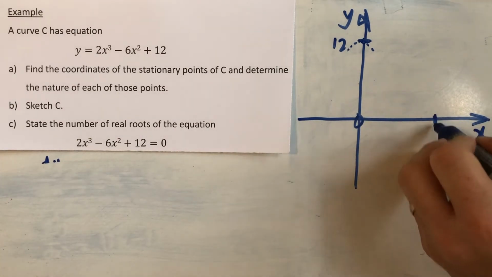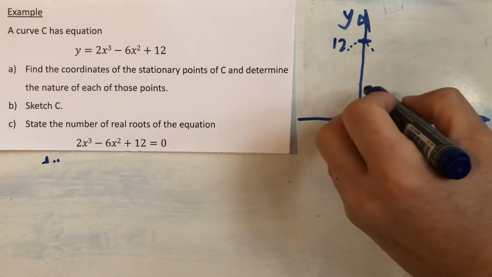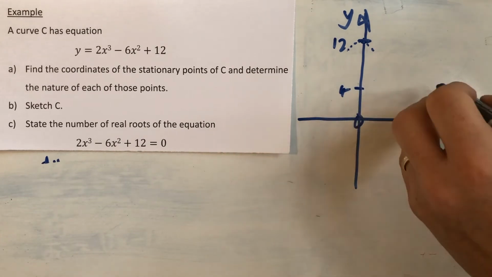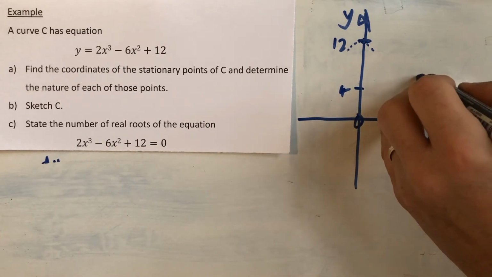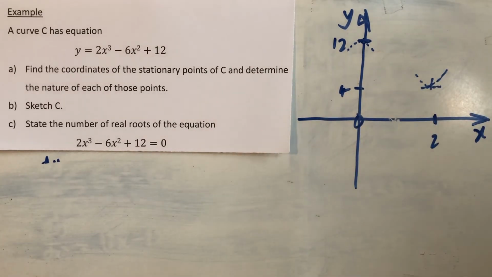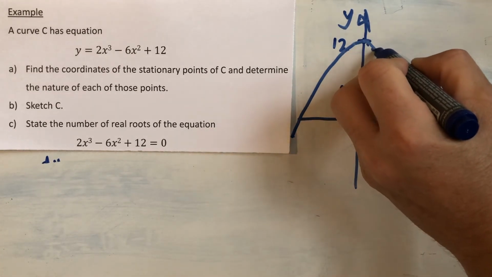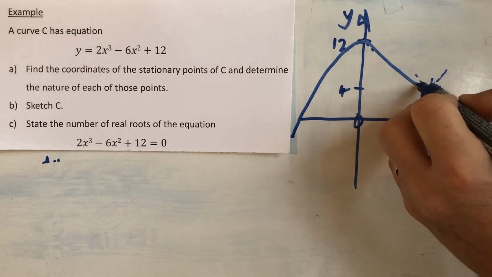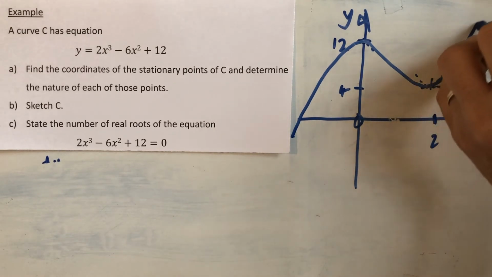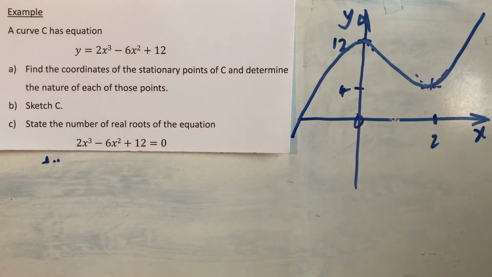At 2, we're up at 4, we know that that goes that way around. So therefore the graph must come up to the 12, turn round, come down to the 2 there, and back up.